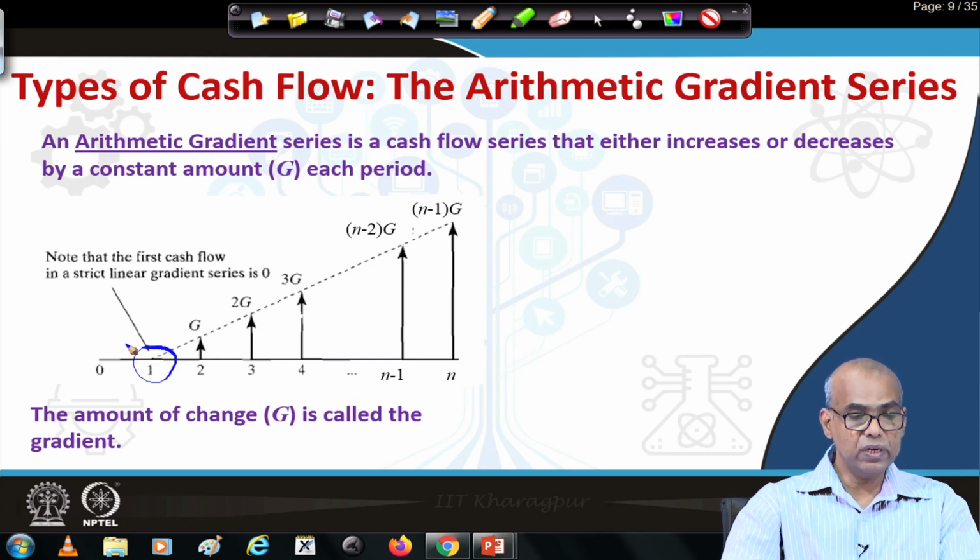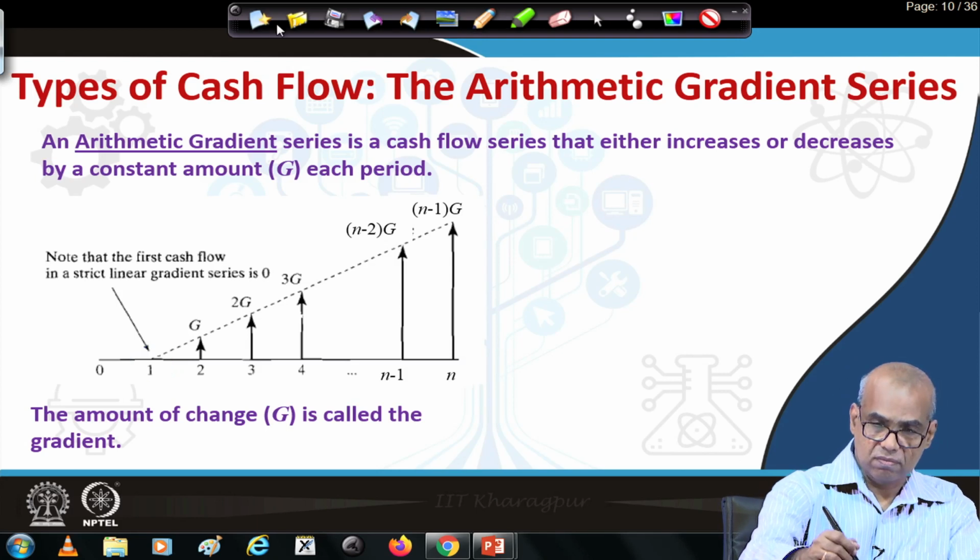The first cash flow in a strict linear gradient series is 0, and then in the second year it is increased by G. So, 0 plus G is G. In the third year it again increases by G. So, G plus G is 2G, and this goes on increasing by amount G every year.